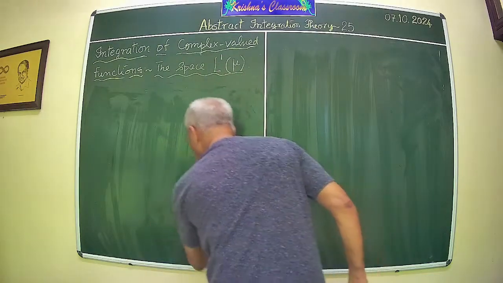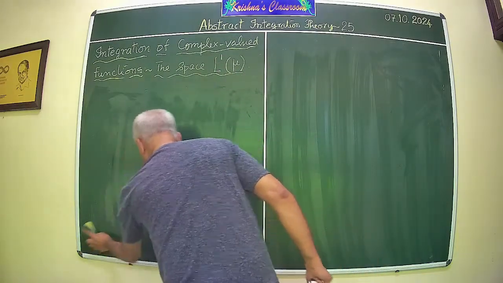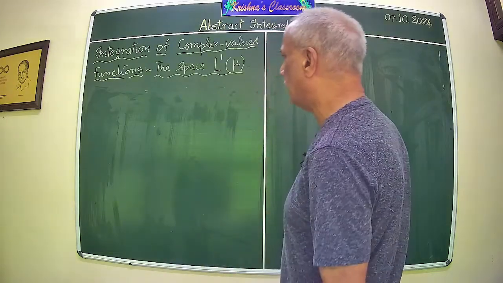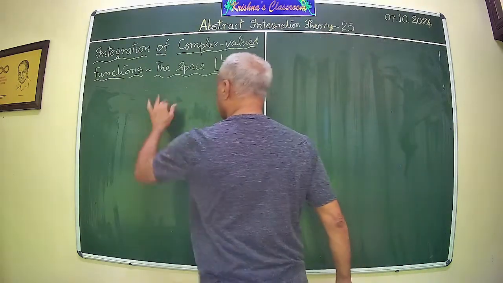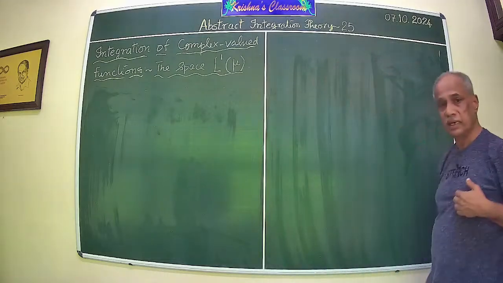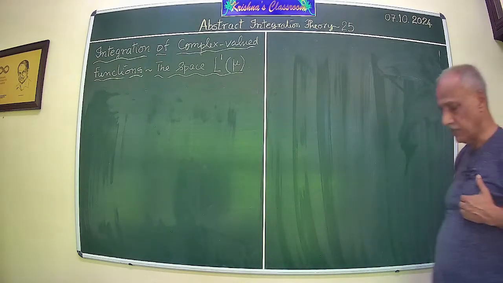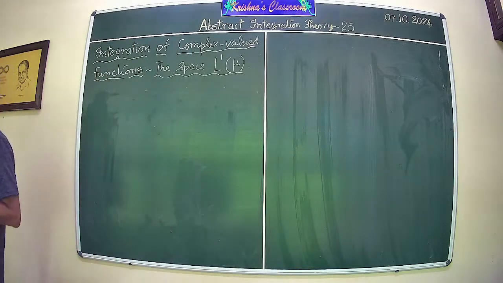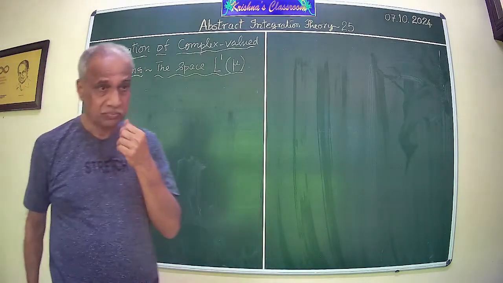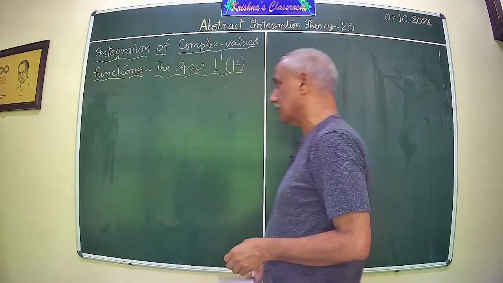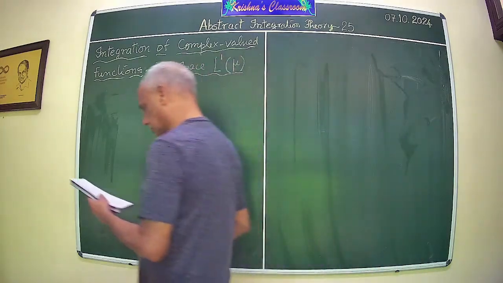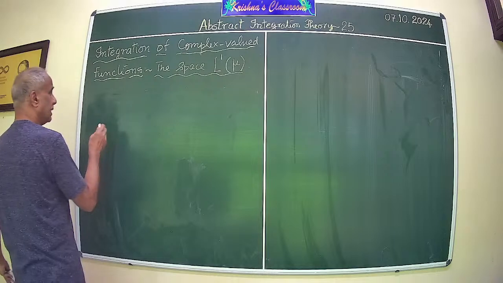But it equally well applies for the real case also. For example, why this theorem does not work for the example that we have looked at, that is fn equal to chi of n plus 1. We will see the reason. We will discuss it at the end. Okay. So we take the statement.